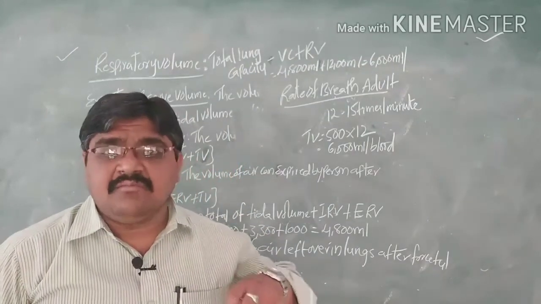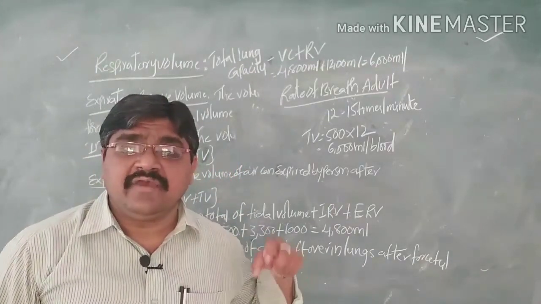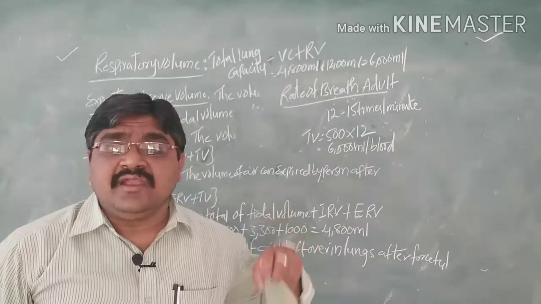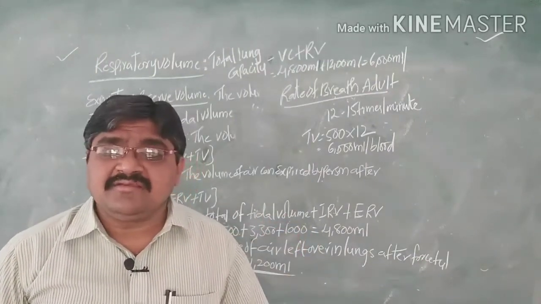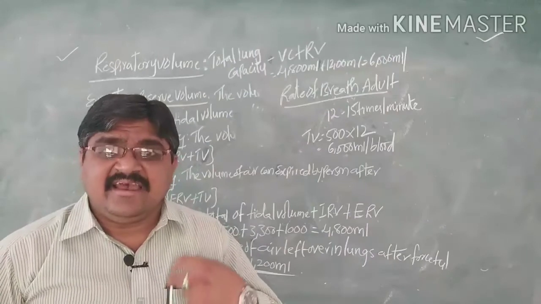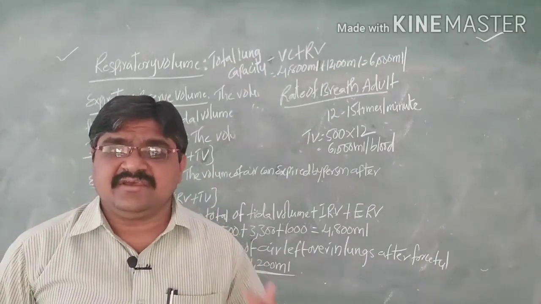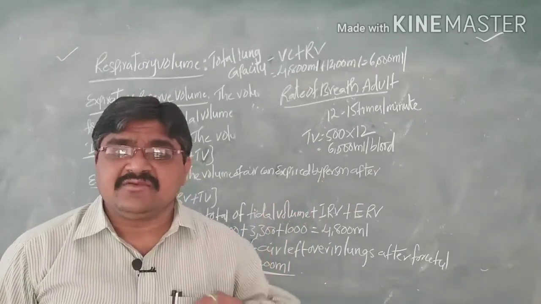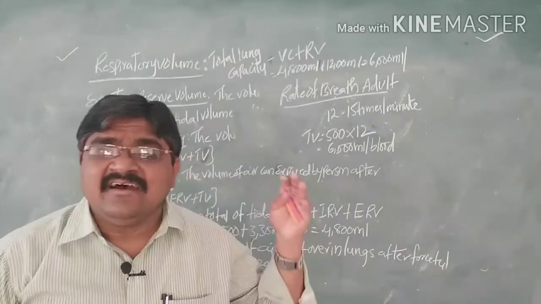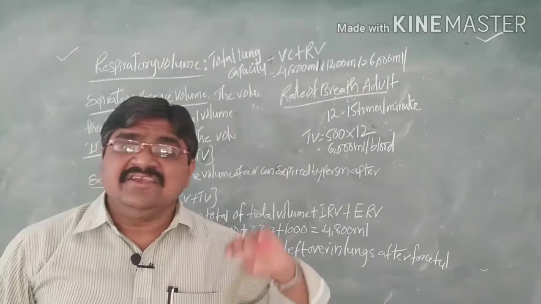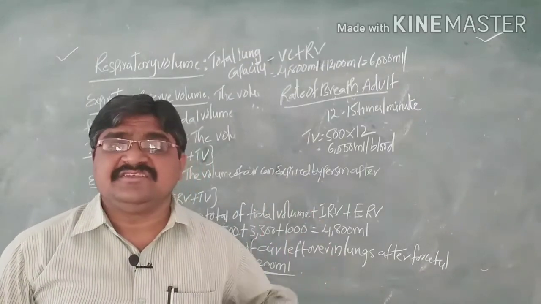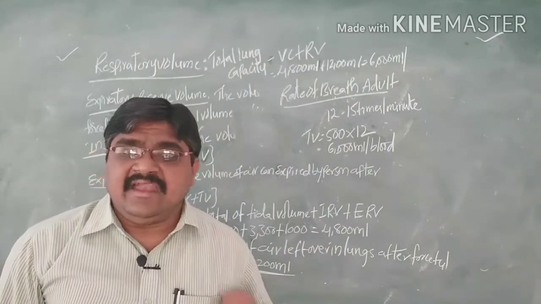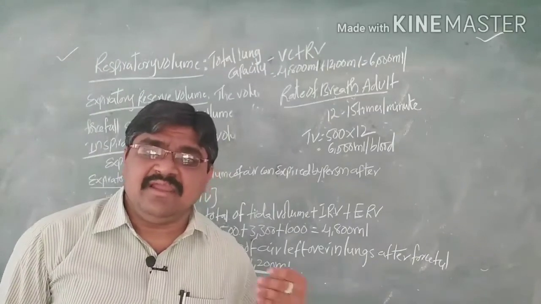Normal breathing means inspiration and expiration. The total blood present in our body circulates and helps in the exchange of gases: oxygen is taken up by the cells, and carbon dioxide passes from the cells to the blood.